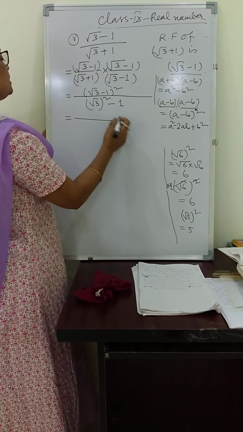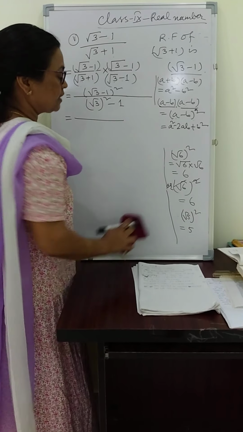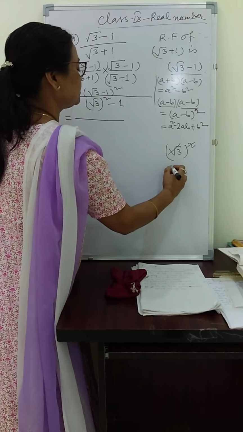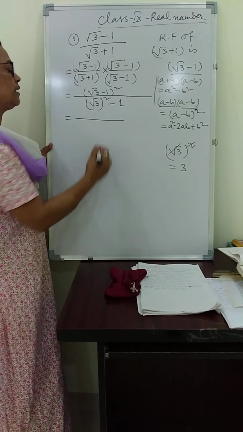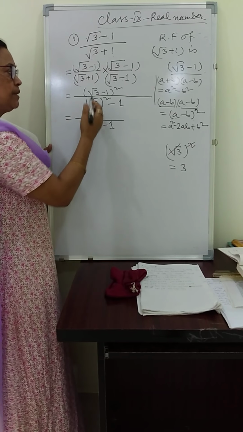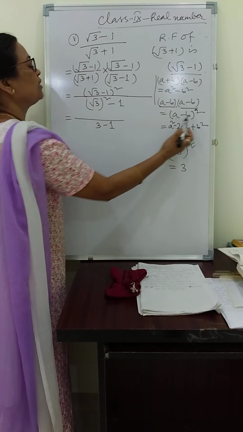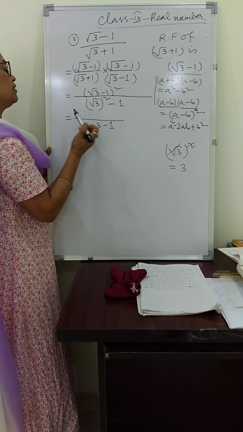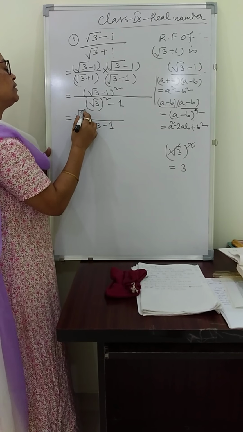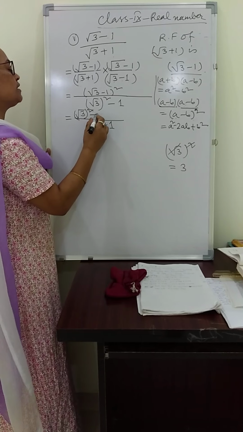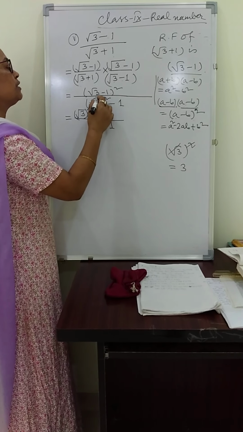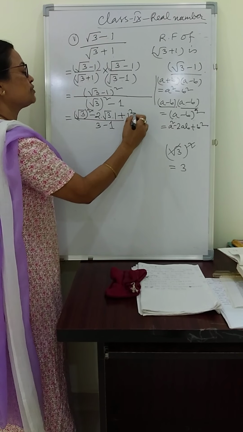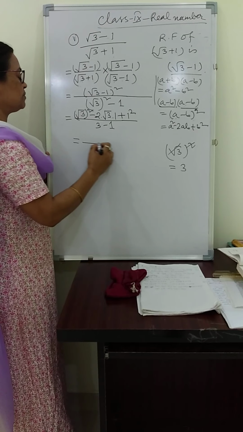Just now I told you, you may write root over 3 whole square and cancel like this also, you may have 3. But here you have to use this formula. At first you write a square. What is a here? Root over 3. So you have to write root over 3 whole square minus twice of root over 3 into 1 plus 1 square.